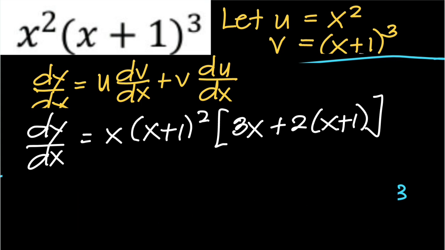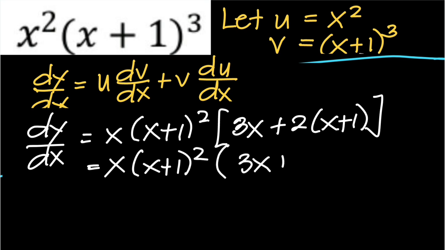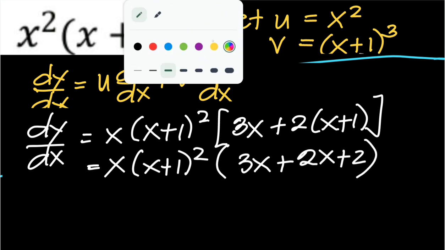Then we simplify. So this is just x times x plus 1 squared times 3x plus 2 times x plus 1 is just 2x plus 2. And then we combine like terms.